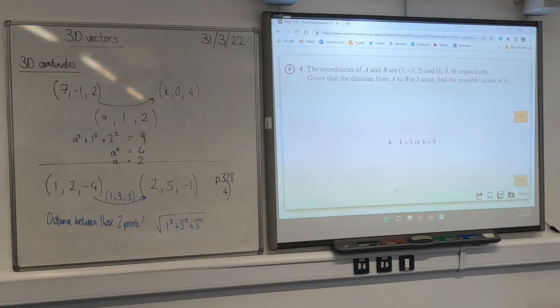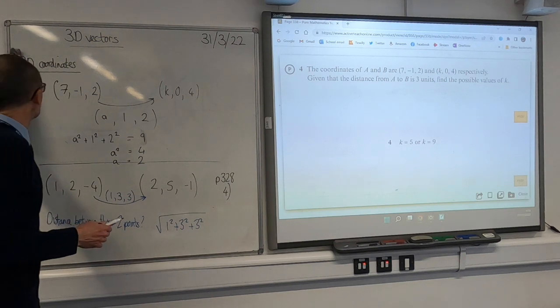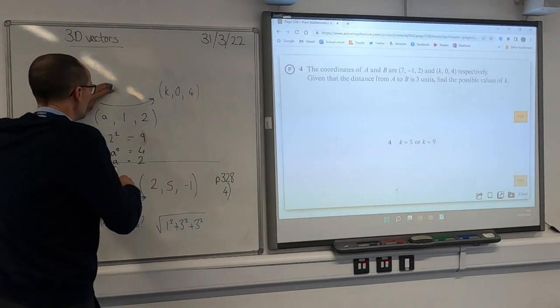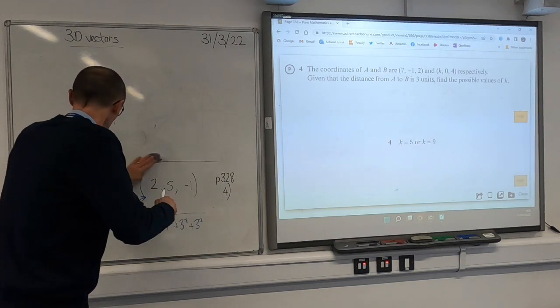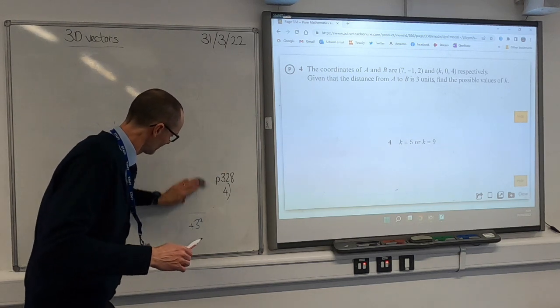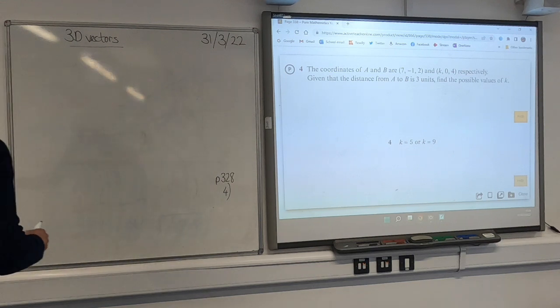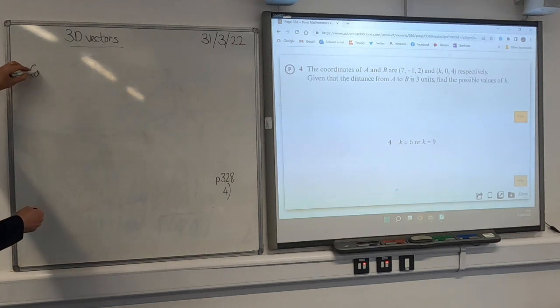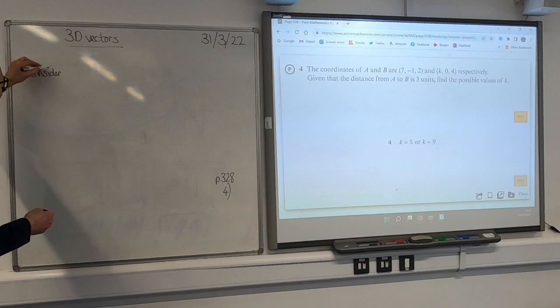So 3D coordinates describe position in 3D space. Right. So what about 3D vectors? Well, let's consider a point in 3D space.